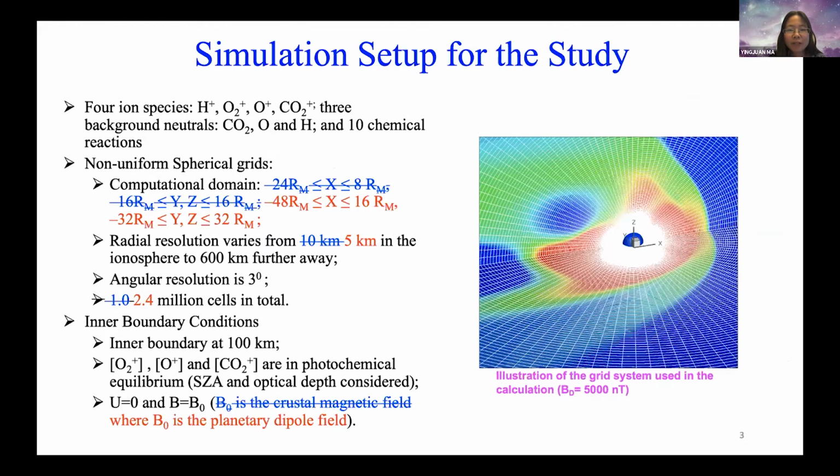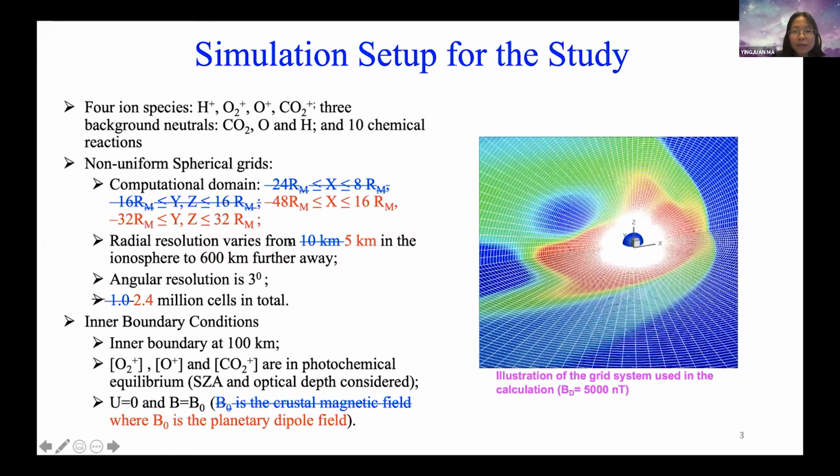Here I'm showing that for this particular study, we made some modifications to our typical model setup, including doubling the simulation domain. This is because, especially for strongly magnetized planets, the interaction region would increase. This enlarged simulation domain minimizes any impact from the outer boundary.